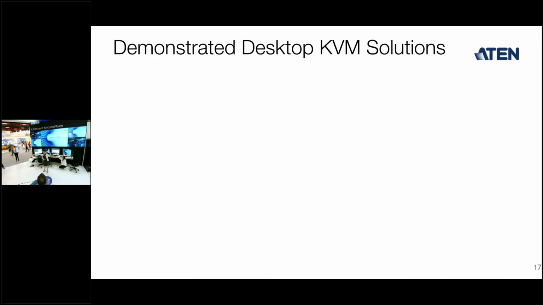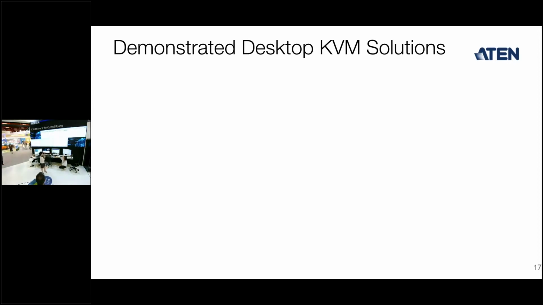The next topic related to the desktop is high bandwidth. When we talk about KVM, keyboard and mouse data transmission is okay, but for the video part, the resolution is the key.